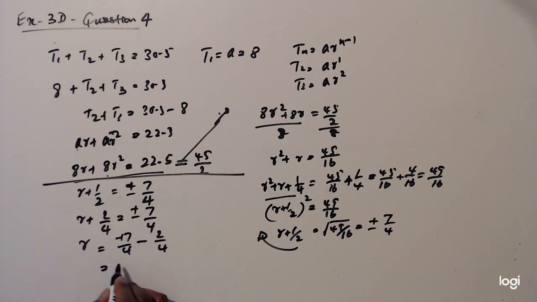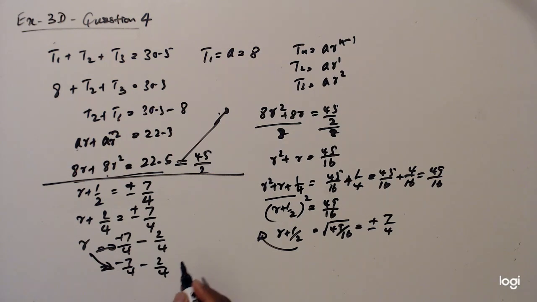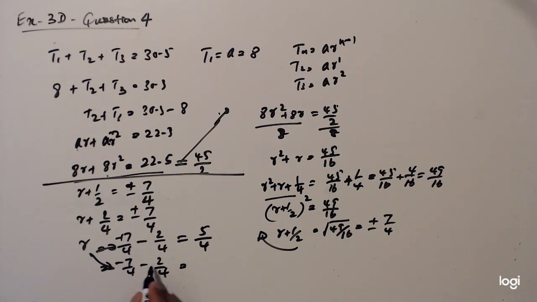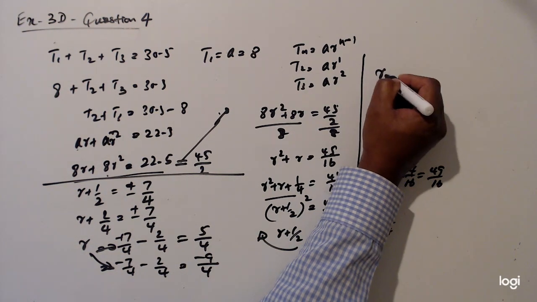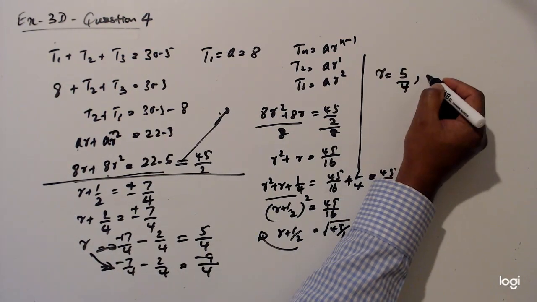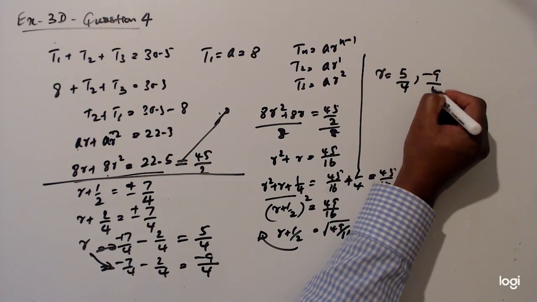If it is minus 7 over 4, minus 2 over 4. So from here 7 minus 2, 5 over 4. Here minus 7 minus 2, minus 9 over 4. So there are two options for R. One is R is 5 over 4. The other one is minus 9 over 4.